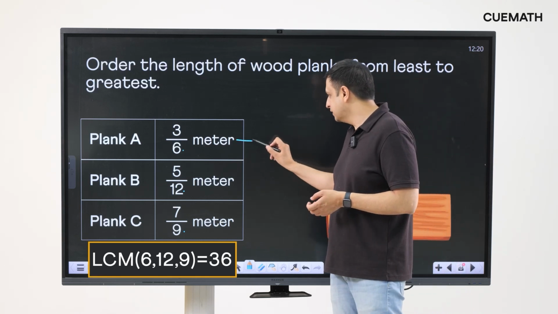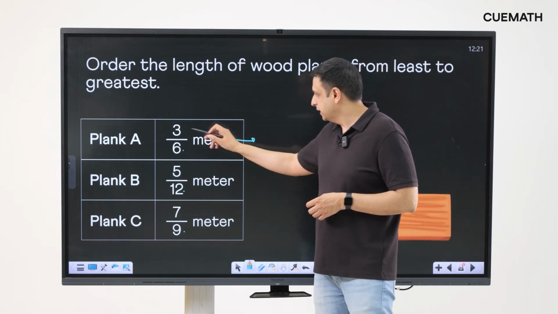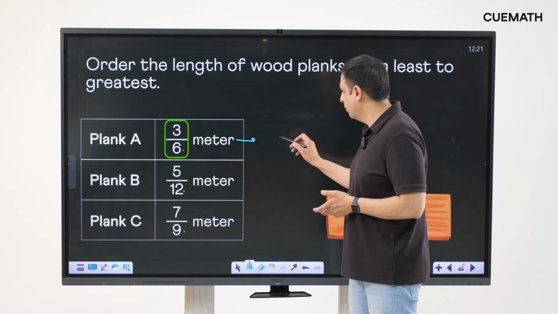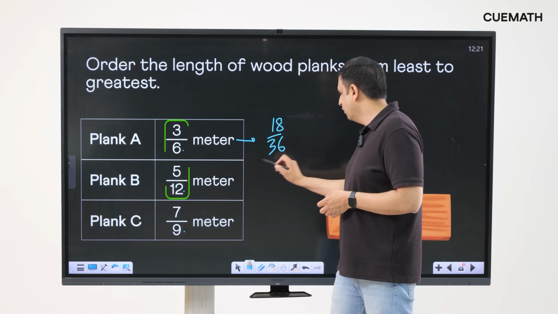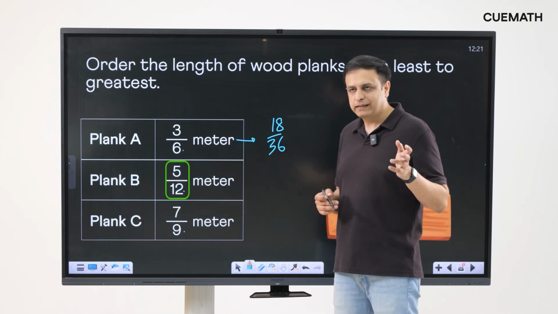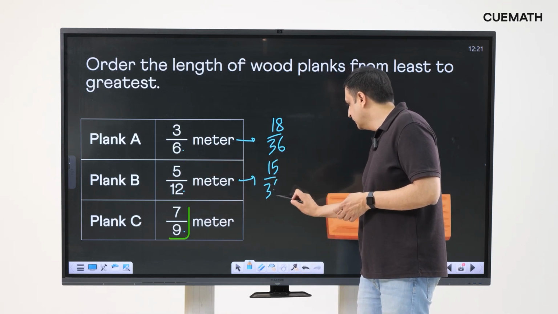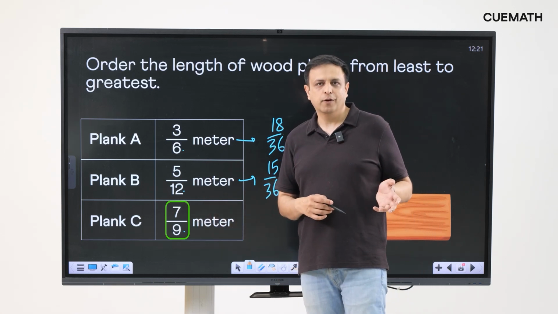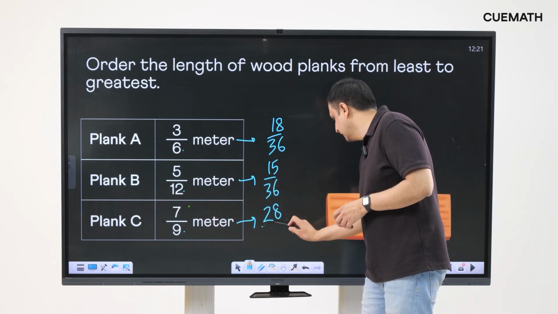So we convert all of these fractions into equivalent fractions with the denominator 36. So 3 over 6, multiply above and below by 6, you will get 18 over 36. 5 over 12, multiply above and below by 3, you will get 15 over 36. And then 7 over 9, multiply above and below by 4, you will get 28 over 36.